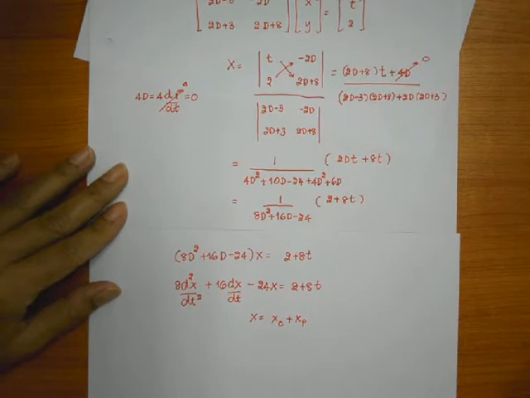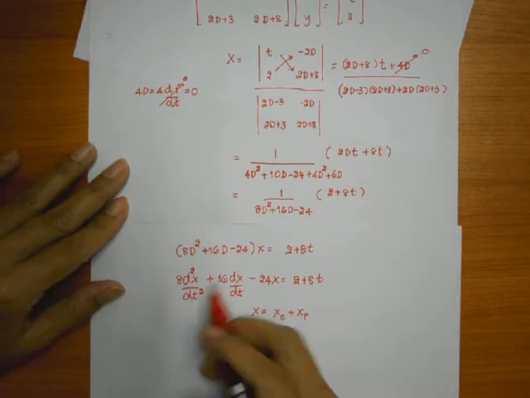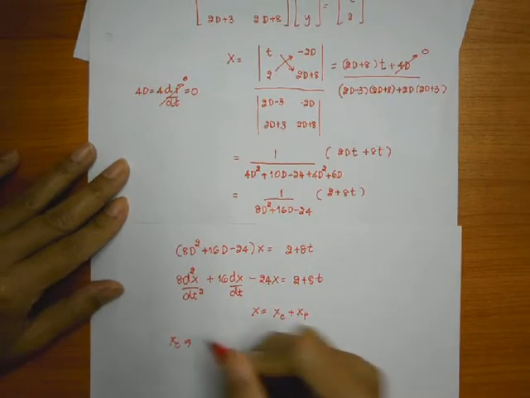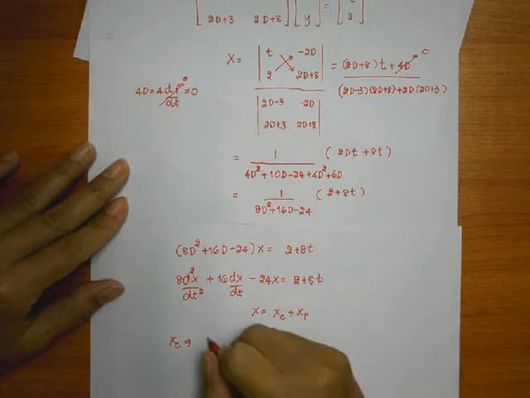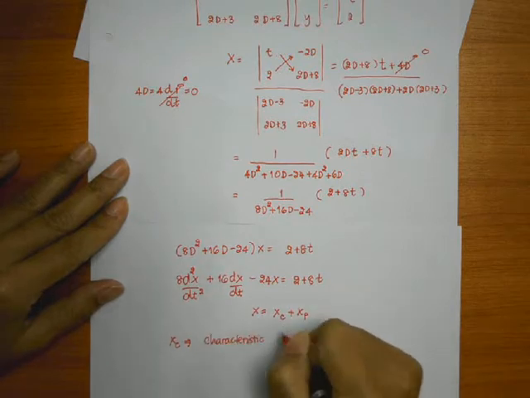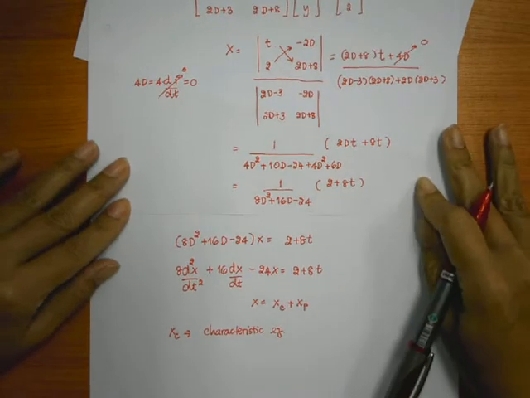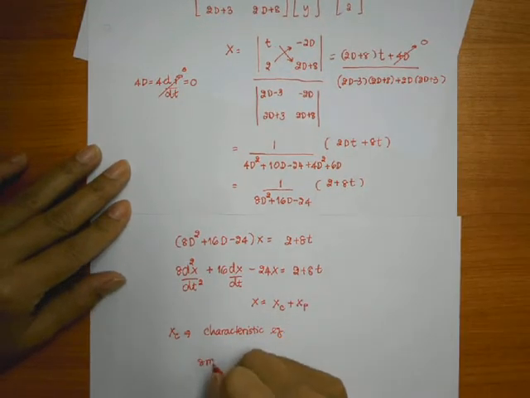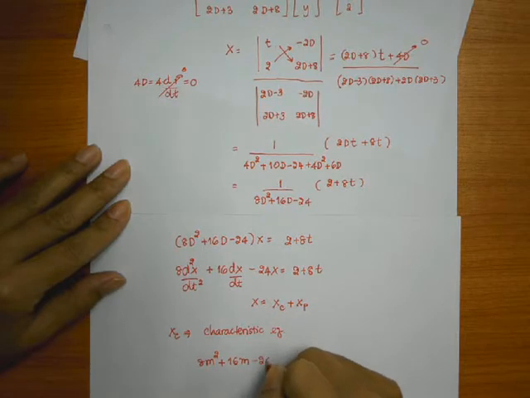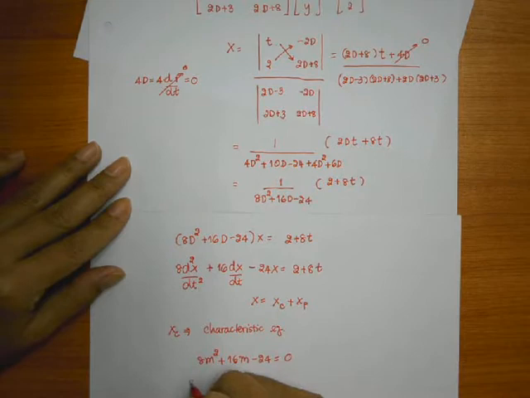Yes, you can, right? To find xc, you got to know the characteristic equation, which is what? 8m squared plus 16m minus 24 equal to 0. We take 8 out.